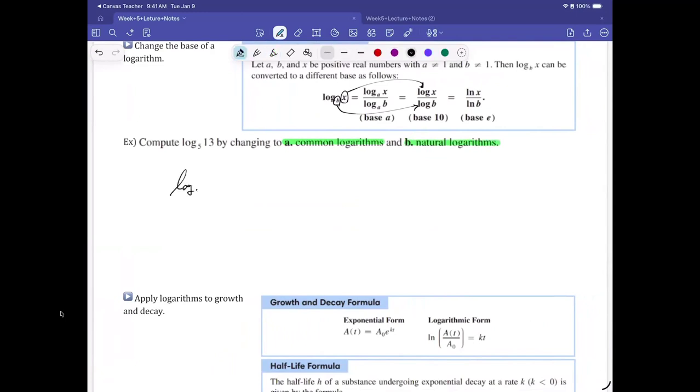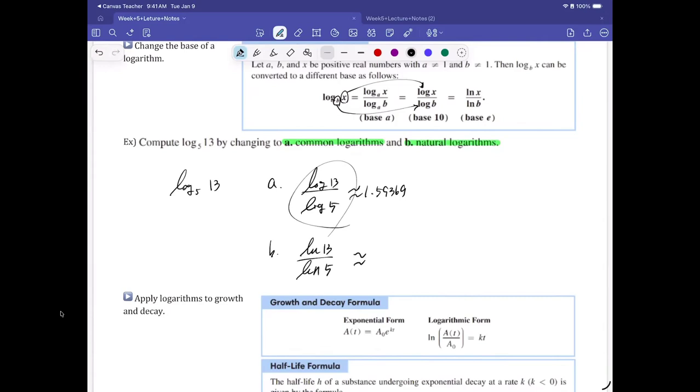So log 5, 13. So A is log 13 over log 5, right? And then you can put that in your calculator, then you're going to get 1.59369. Natural log is just ln 13 over ln 5.